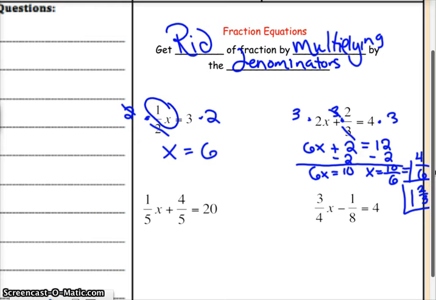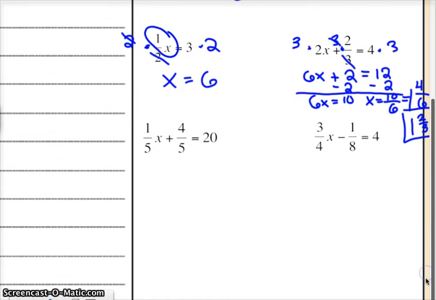What am I going to multiply through? Here, think, pair, share. What am I going to multiply through on this next one? Okay, so the next one we have 5 as the denominator. 5 is what makes this thing look disgusting, right? Let's get rid of it. Get rid of the 5. This cancels out.